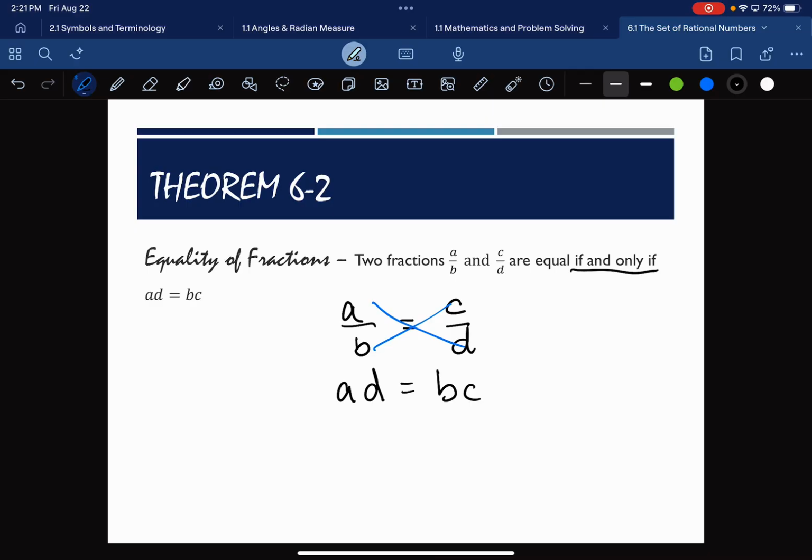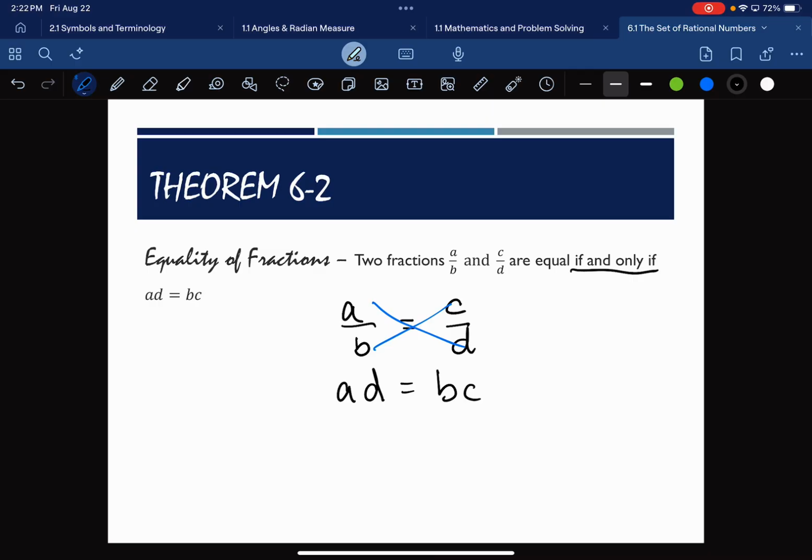What that means is it goes in both directions. If the fractions are equal, this equality holds true. And if this equality holds true at the end, then the fractions had to have been equal. Okay, so this goes both directions. Not all statements do that. So that's a unique thing that sometimes happens and sometimes doesn't.